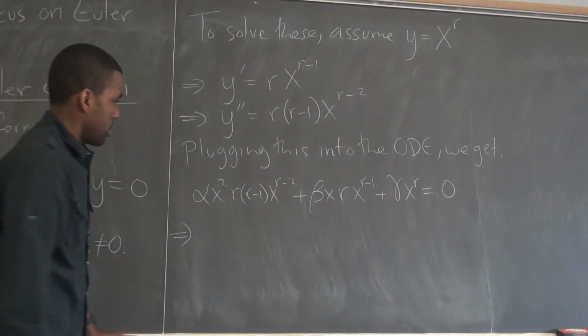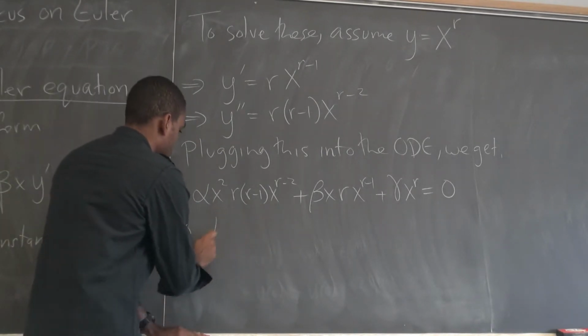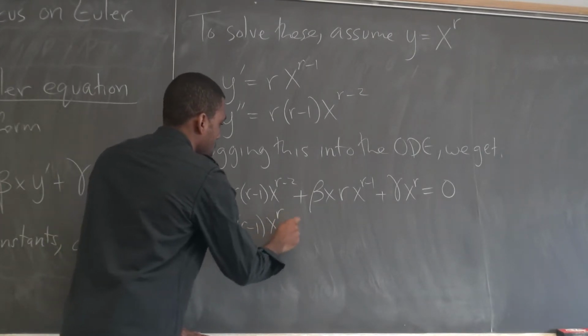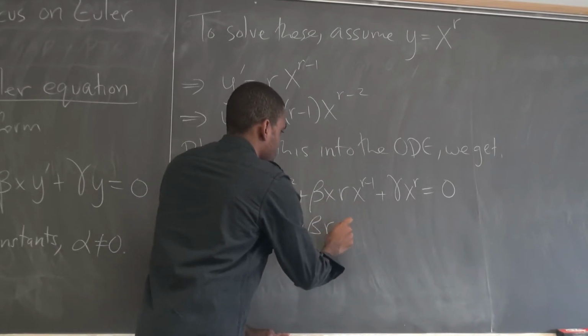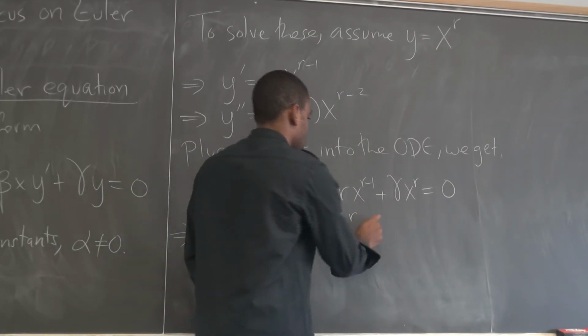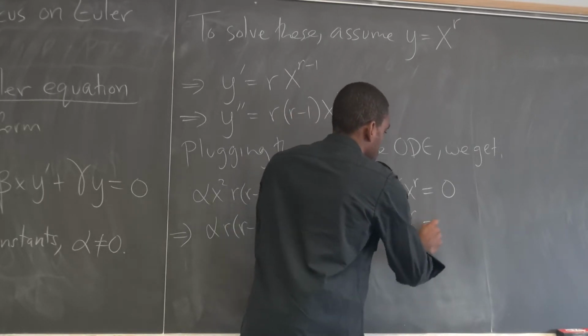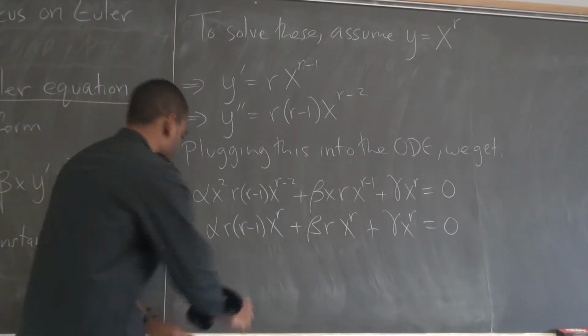Now something curious will happen here. We can combine the x's. So this gives us alpha r times r minus 1 x to the r plus beta r x to the r plus gamma x to the r. So now x to the r is a common term.